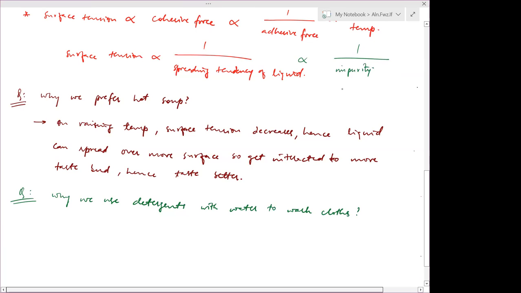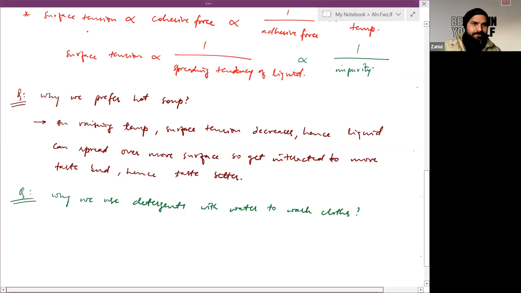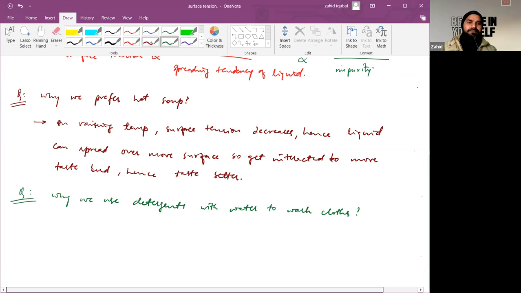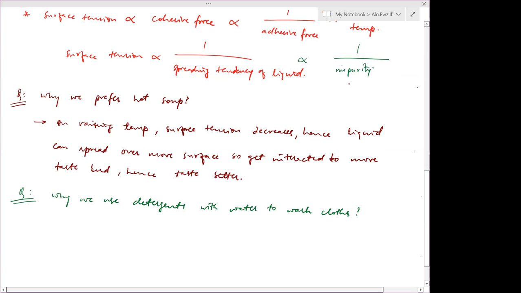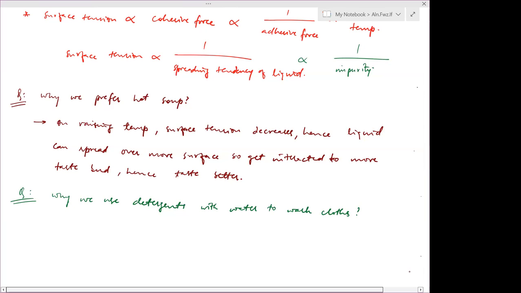The detergent will act as an impurity to that liquid. Okay. So adding impurity to a liquid decreases its surface tension. Hence, water will spread over dirt easily and cleanse it and wash it. Is it clear? Yes, sir.